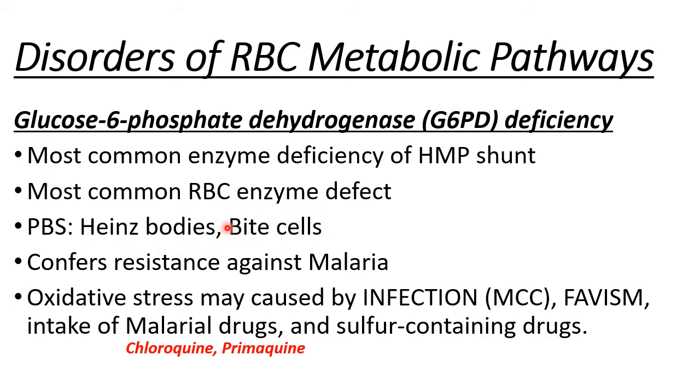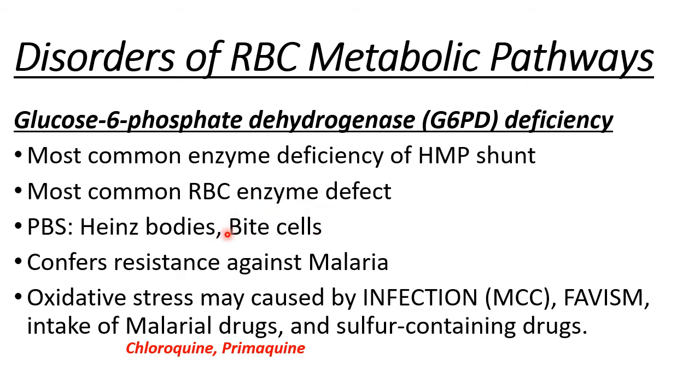Sa bite cells, mangyayari lang yan kapag dumaan ng RBC sa spleen. And ma-recognize ng spleen mo yung mga inclusion bodies. So, tinatry niyang kagatin out of that RBC. Kaya meron kang ma-appreciate na bite cells.